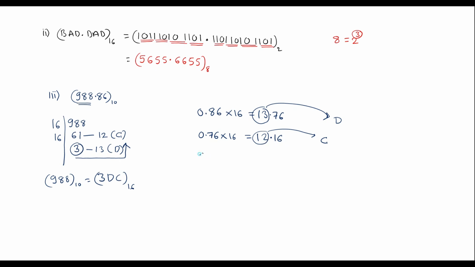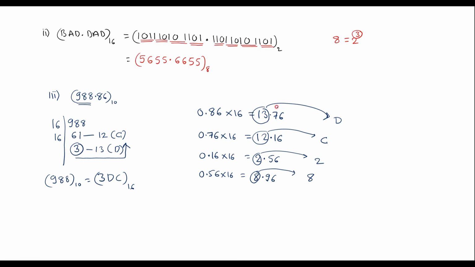The remaining number is 0.16 into 16 is equal to 2.56. 2 in decimal is same as 2 itself. So further multiply with 16, it gives 8.96. So now we are supposed to write this full number, that is 8. So further if we keep on multiplying, it will never become 0.